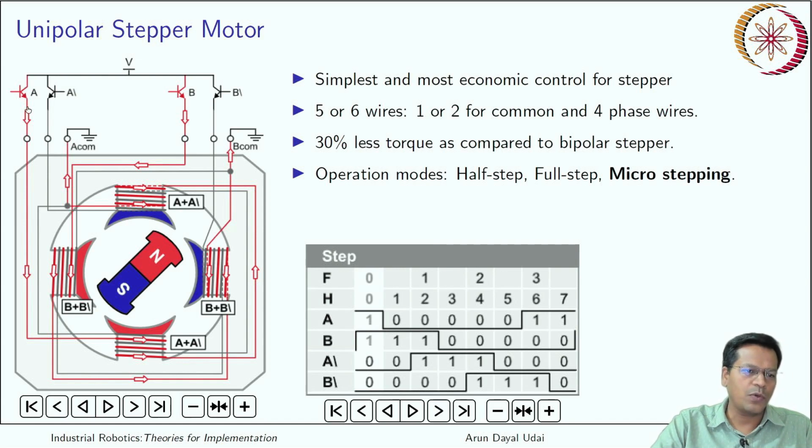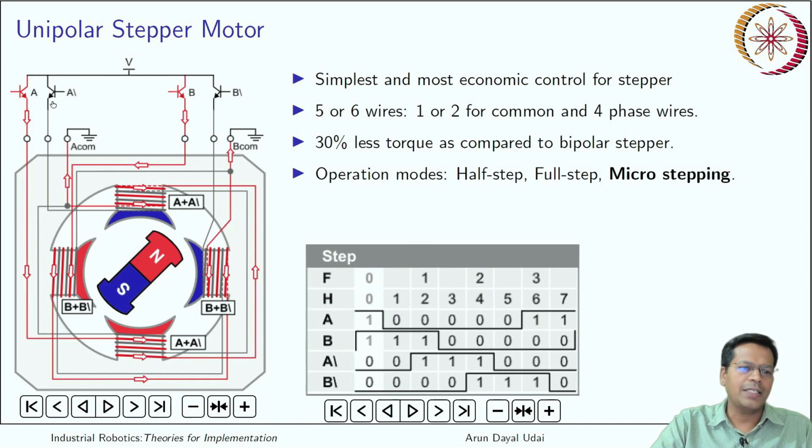If current flows from A, it comes like this, it is wound on one of the poles and it is reverse wound on the other pole, so that when A is high, it makes the bottom one north and the upper one south. Okay, and finally it goes to the earth, that is, to the ground.